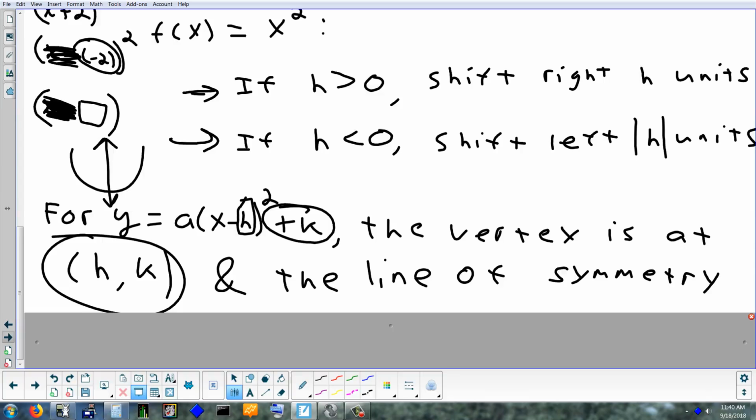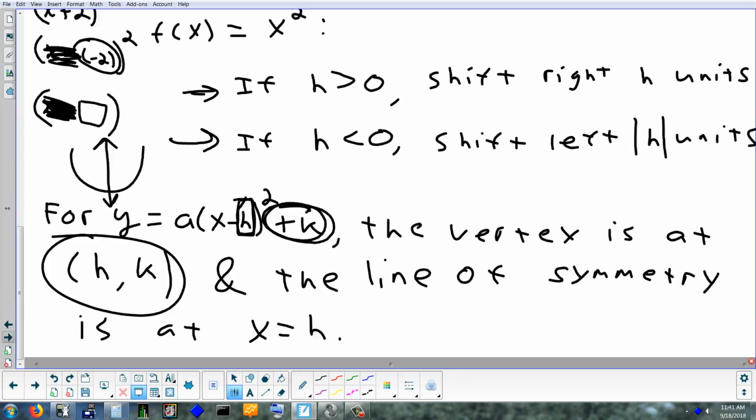How long is a line? Infinite. So if you take a line that goes up and down forever and shift it up one, does that change it? No. So shifting up and down has no effect on the line of symmetry. The only thing that affects the line of symmetry is if you move it left or right. And that value is controlled by h.